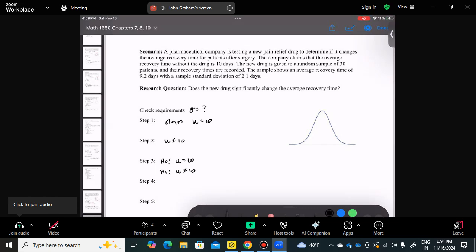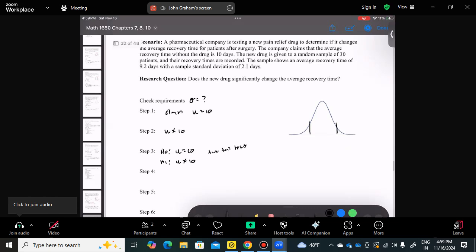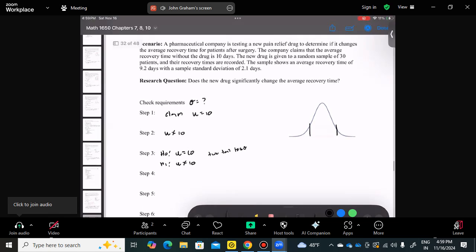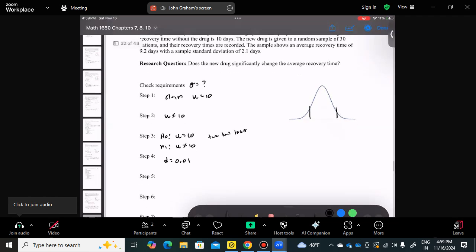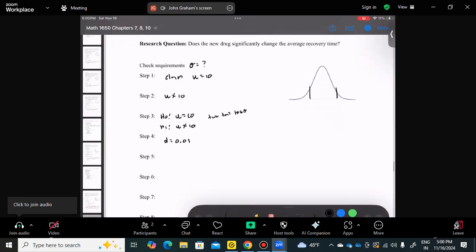Okay, so we're looking at a two-tailed test, so we have two critical values. We'll say the significance level is going to be 0.01. It's not given, but we're dealing with health, so we'll make it small. And we're going to have a t-distribution.